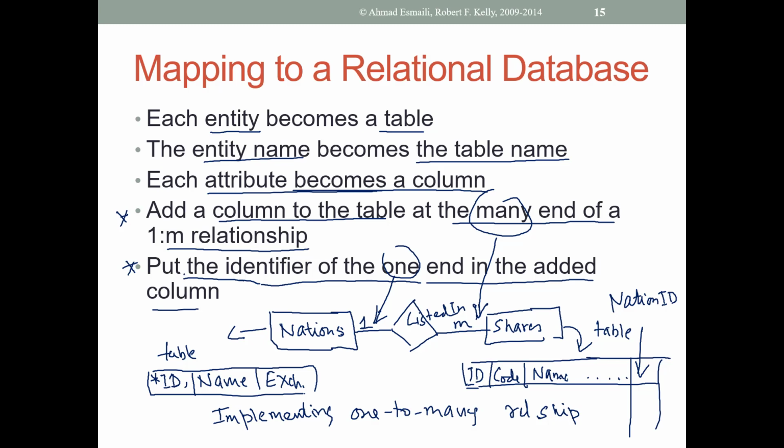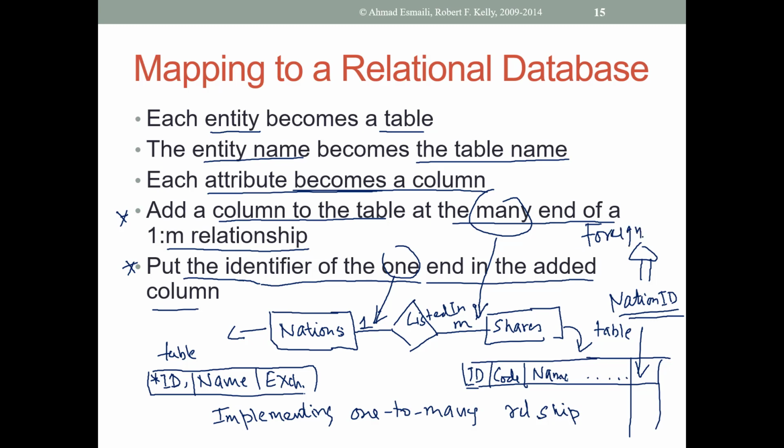So what you're doing here, you're putting the identifier of the one end, which is ID, in the column at the many end. So this nation ID that you have, which you created by using a column which had the identifier of the one end, then this attribute or this column is called a foreign key.